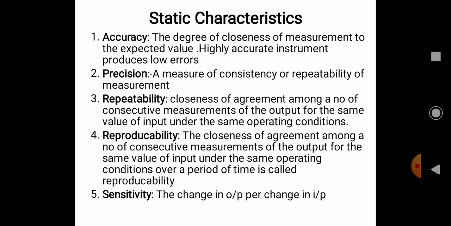It is called reproducibility. Suppose you are getting a reading for a particular value today, then after that, over a long period of time, if the instrument is again capable of giving the same set of readings, then the instrument is said to have reproducibility.